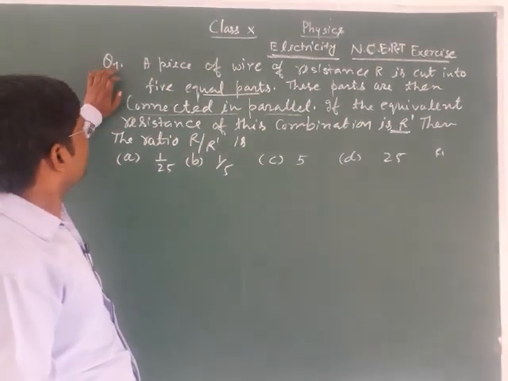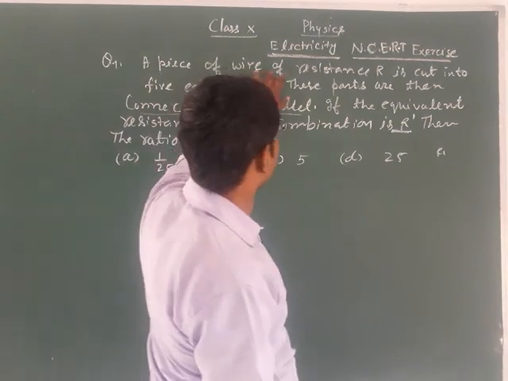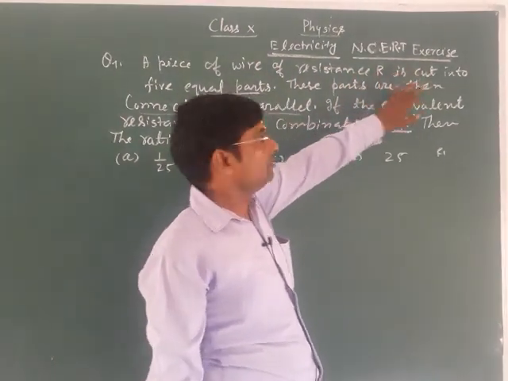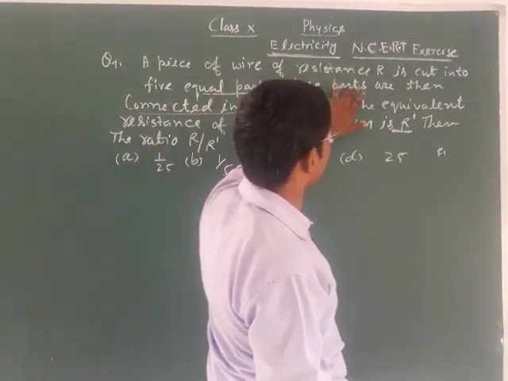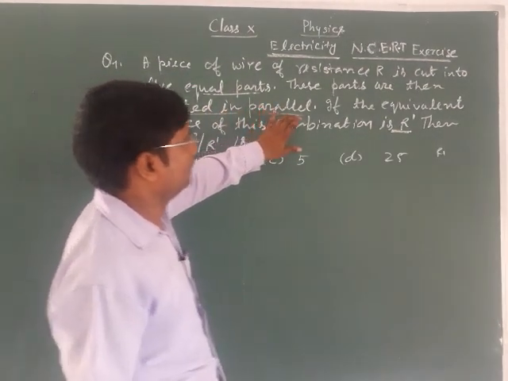Question number 1: A piece of wire of resistance R is cut into 5 equal parts. These parts are then connected in parallel.